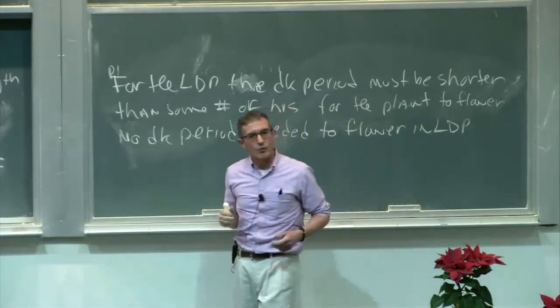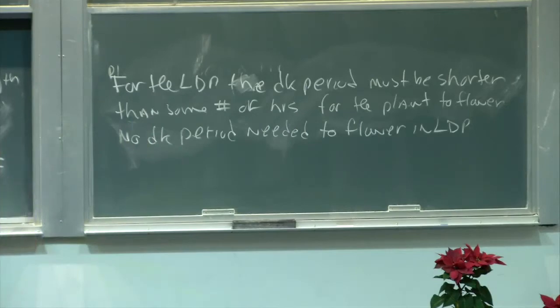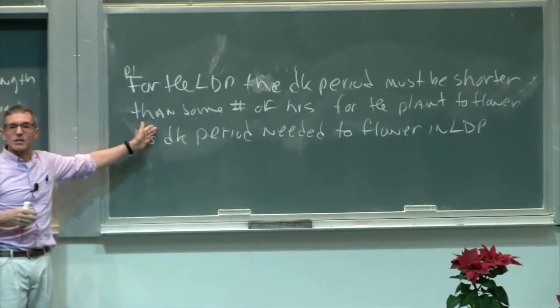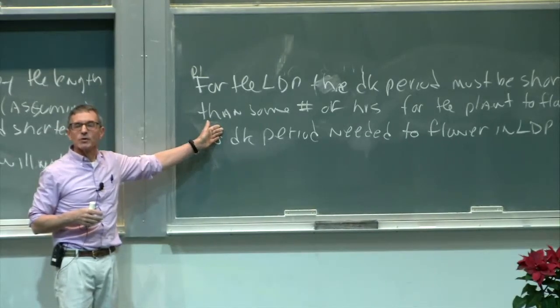So, their original idea that it was the length of the light period which controlled flowering was reversed. We now know that the events which promote flowering occur in darkness, or the events that inhibit flowering occur in darkness for the long day plant. This is an important observation, and it is central to our understanding of the controls of flowering.